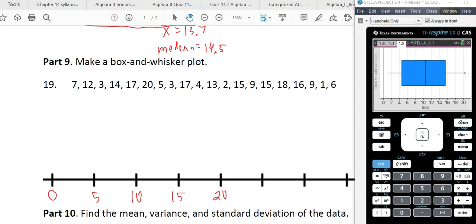Okay, so the minimum value is 1. Q1 is 4.5. Median is 10.5. Q3 is 15.5.